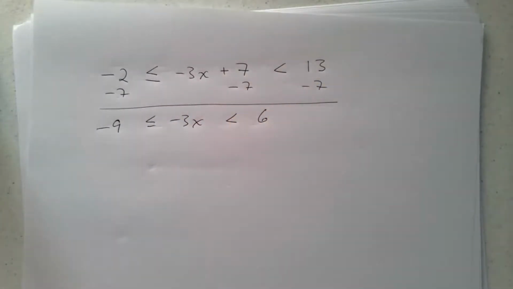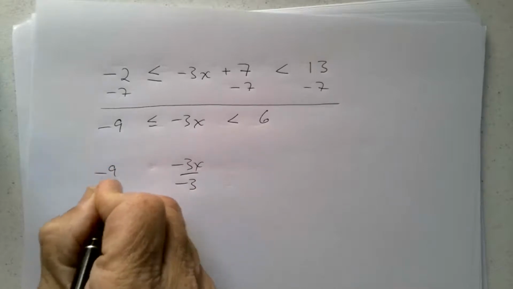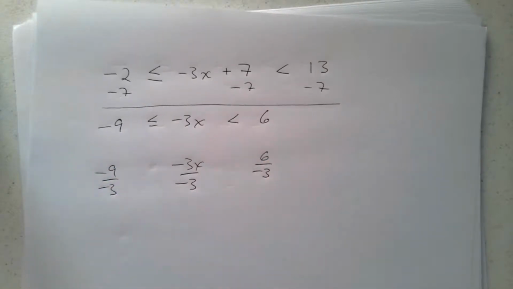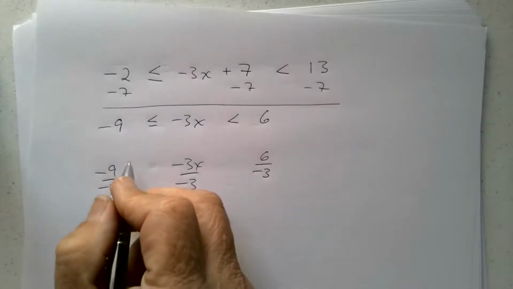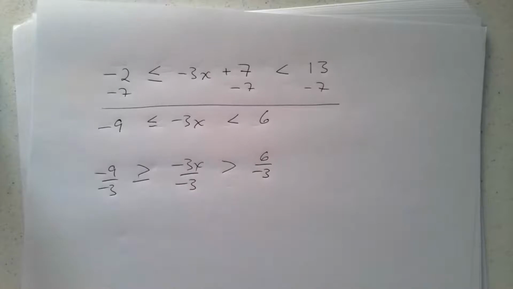Now what do I have to do? Now I've got to divide by -3. -3x divided by -3, -9 divided by -3, 6 divided by -3. But if I do that, I have to switch the signs. That's what gets dangerous.